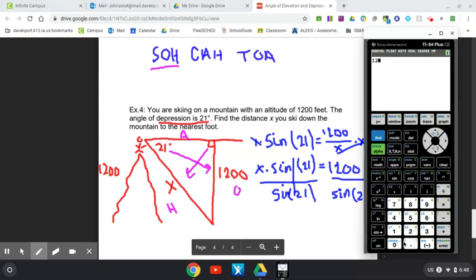So 1,200 divided by sine of 21. And we get 3,348.5. Now it wants it to the nearest foot. So 5 and above, we round up. So it'd be 3,349.